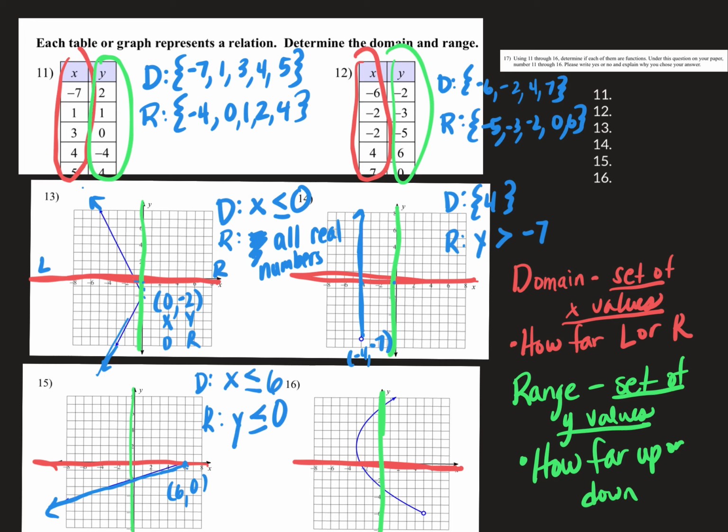Number 16. Now for number 16, does this graph go forever left and forever right? Well, hopefully you can tell from this arrow. Let me go back to my pen. From this arrow, it is going forever to the right, but it does not go forever to the left.